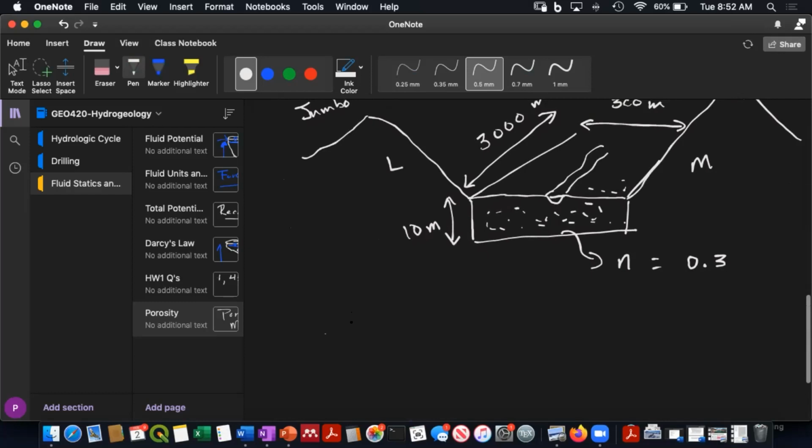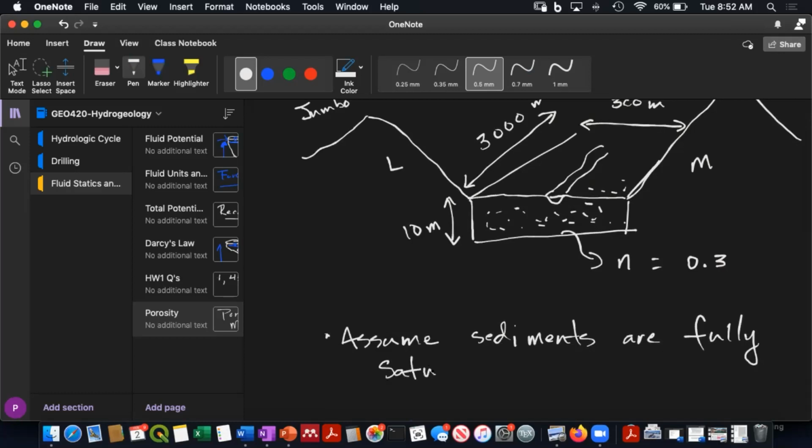All right, so if we assume that the sediments are fully saturated, what do I mean by fully saturated?